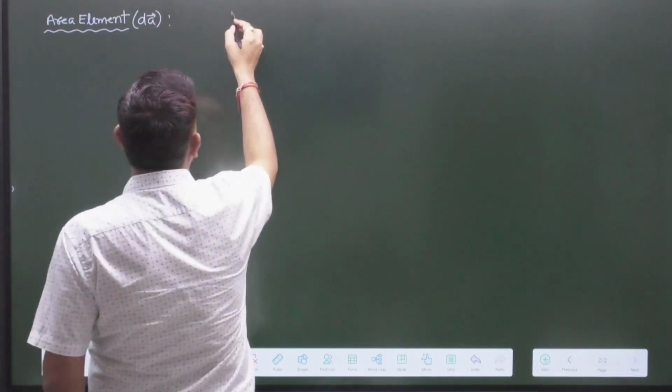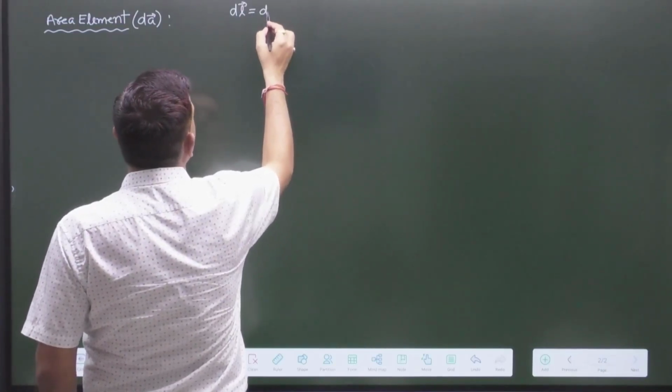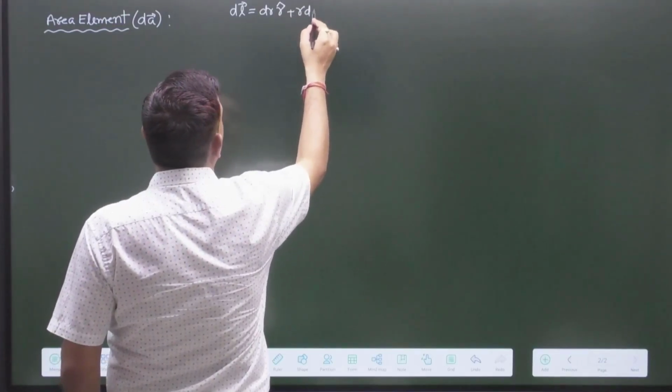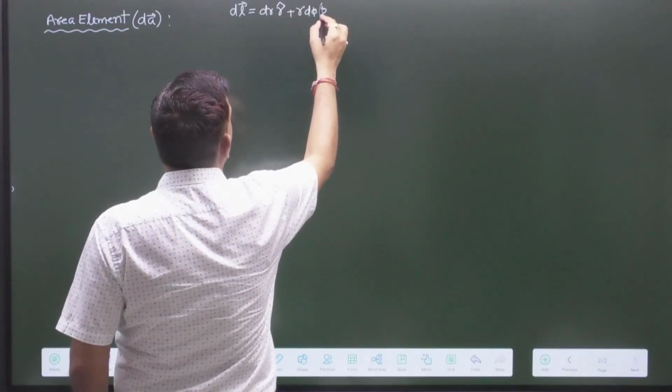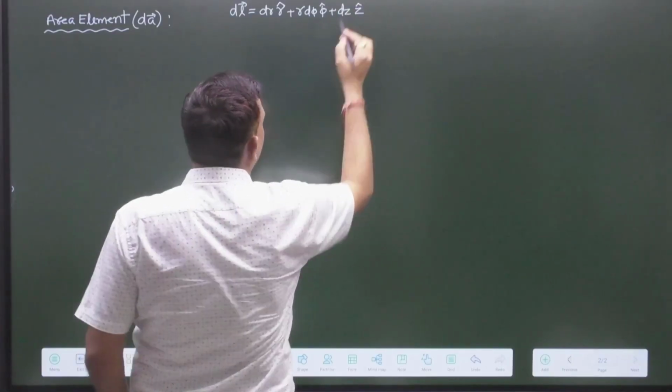And you know what the dl vector is? So I am writing it again here: dl is dr r cap plus r d phi phi cap plus dz z cap.